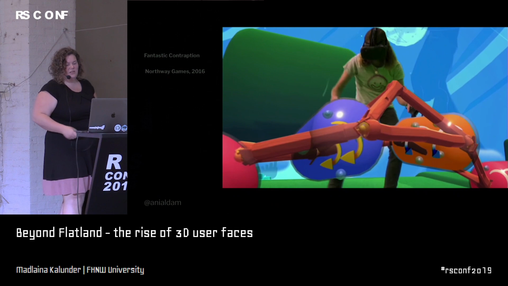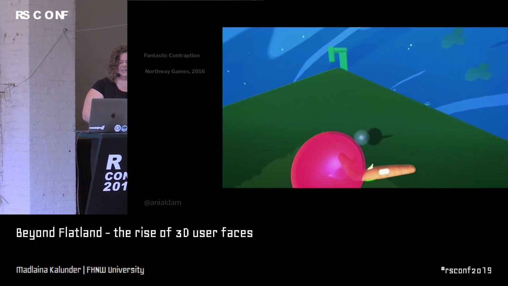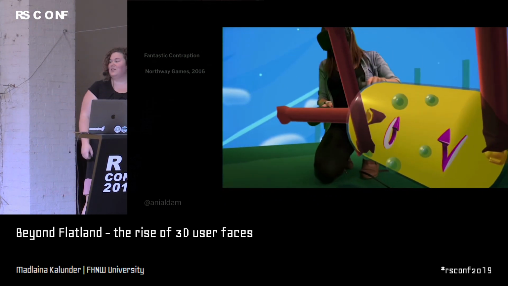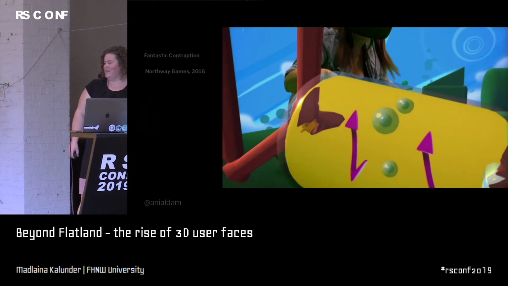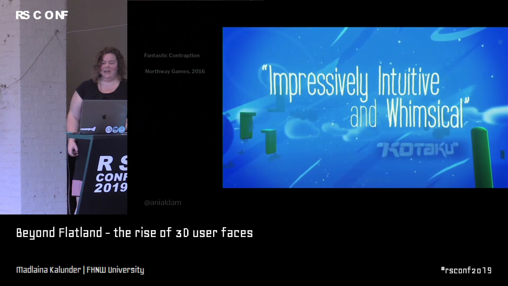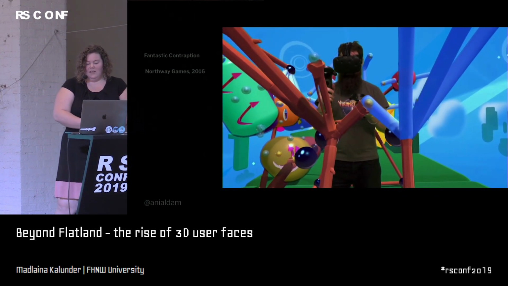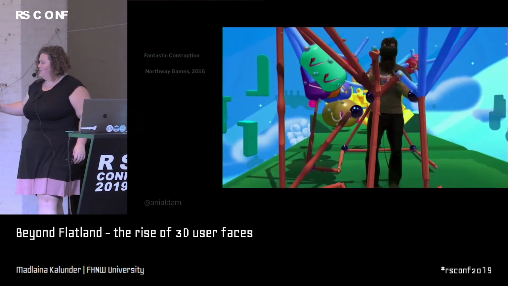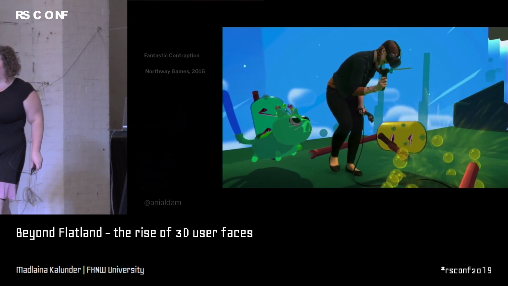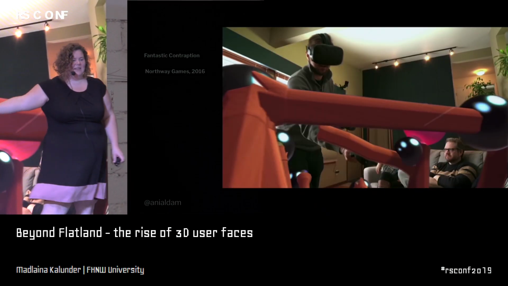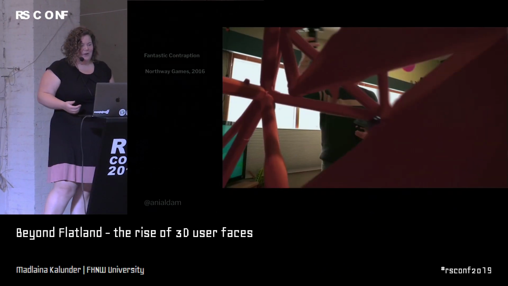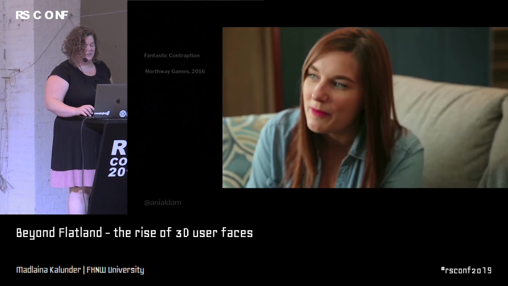There was a 2D version of it, Fantastic Contraption, where with 3D user interactions and 3D user interfaces, you model your mechanical contraption and then let the physics play out. The really nice thing is that there is no 2D overlay in this game. Even the game menu was this little cat from the picture just before. It's a companion element, but it also has the function of a menu.